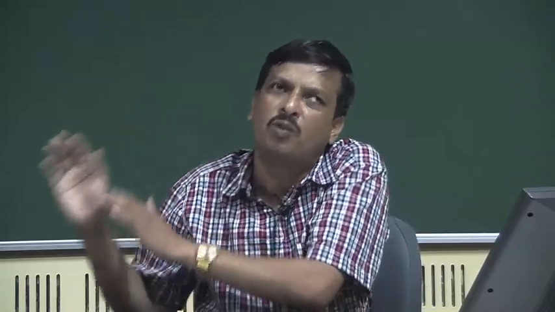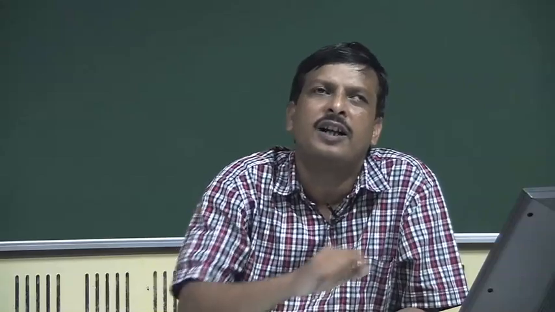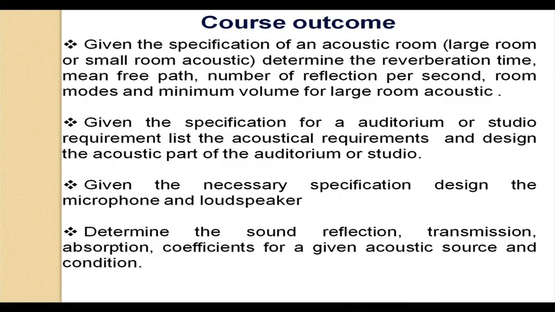So, as an engineer, I should be able to design the acoustics part of the auditorium: what kind of acoustic treatment I should put on the stage, what kind of acoustic treatment I should put on the wall, what I should tell the civil engineer, that if you want good acoustics, you should keep this point in mind before you construct that auditorium. There should not be many parallel walls, there may be this kind of volume. So, all those things you should be able to understand and design that auditorium.